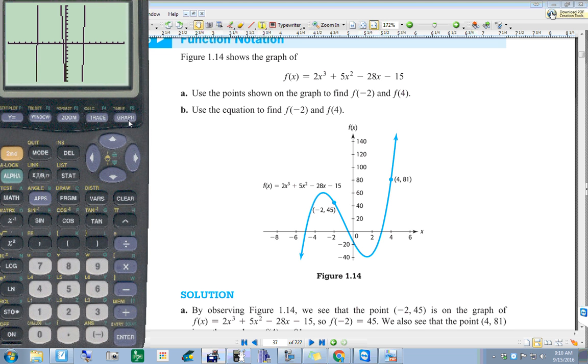Okay? We wanted to find -2 and 4 on here. Well, if I wanted to, I go second, I can go to table. 4 is 81, right? I can go up here, -2 is 45. We can change the windows, we can adjust a lot of different things on this thing. I showed you that when we were in Algebra 1. Don't worry, we will go over it more.